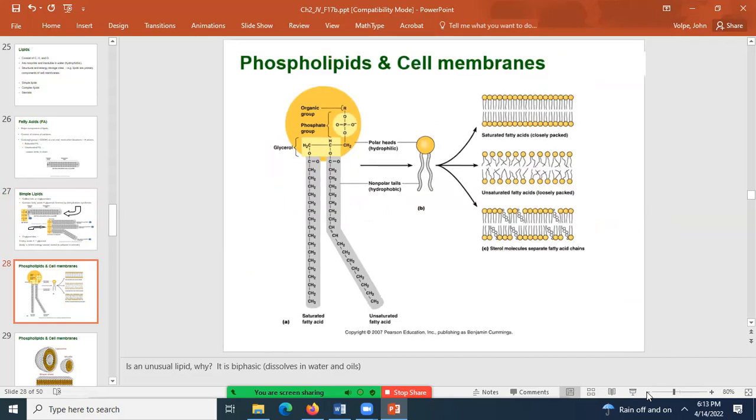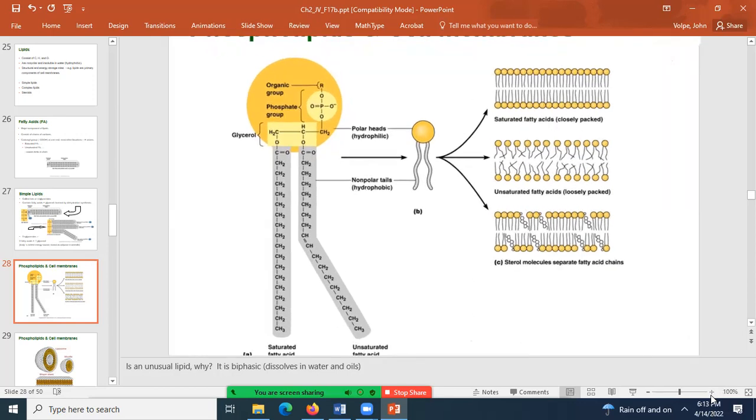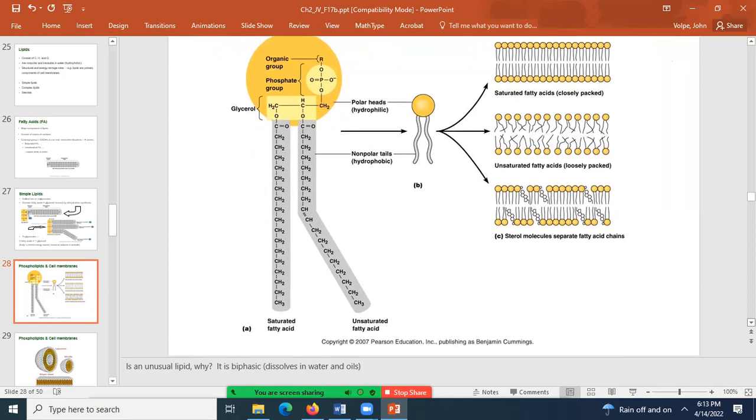One lipid we need to talk about is the phospholipid. It is the main molecule in a cell membrane, actually in any membrane, but especially cell membranes. Let me blow this up a little bit. You'll note that a phospholipid has two fatty acids.